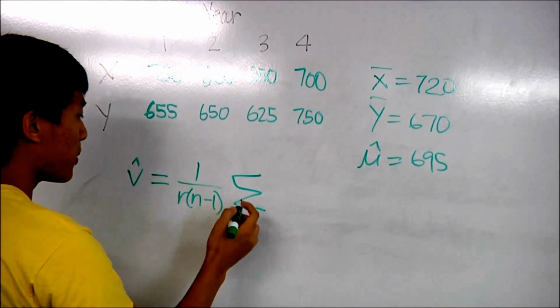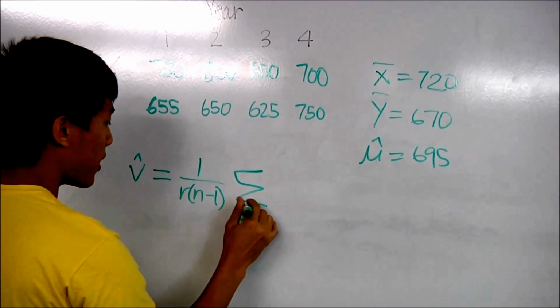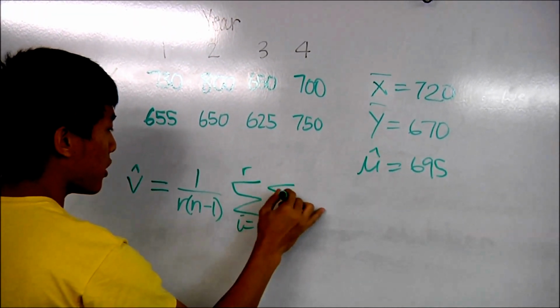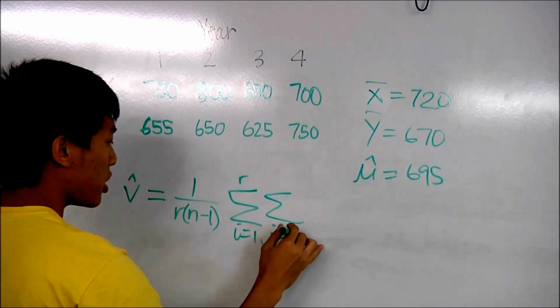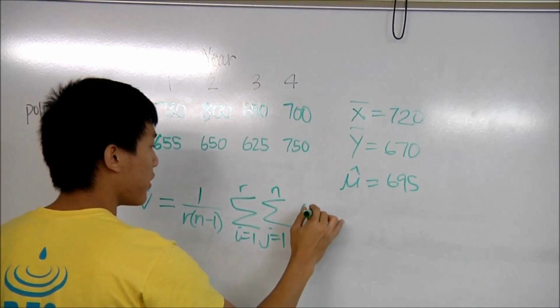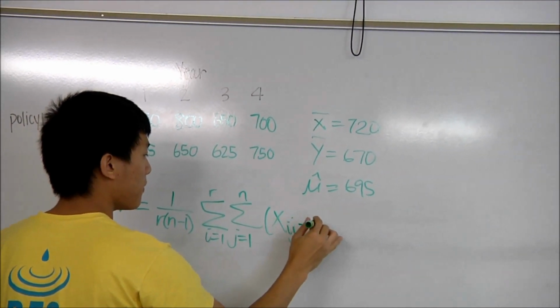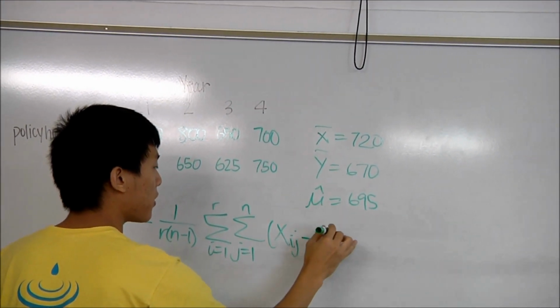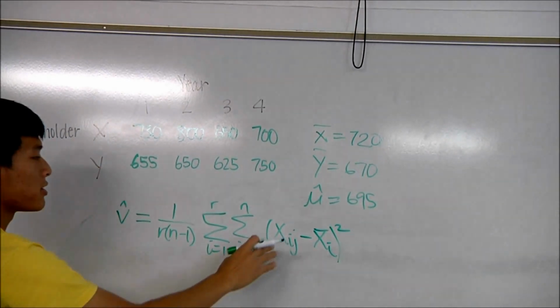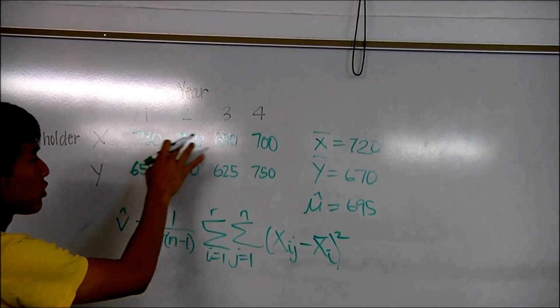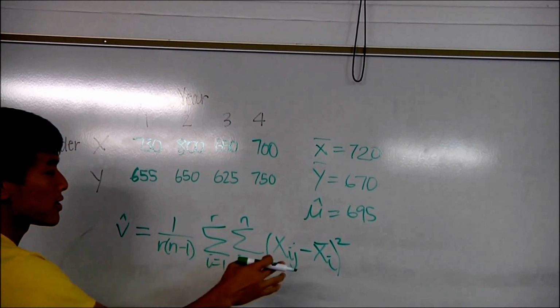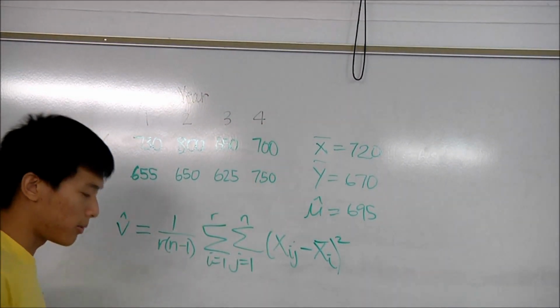And then you multiply that by the summation from i equals 1 to R, and the summation j equals 1 to N of x_ij minus x_i bar, squared. The x_ij are the individual claim amounts that you see here, and the x_i bars are the X bar and the Y bar.